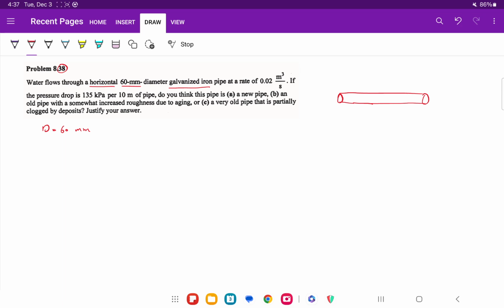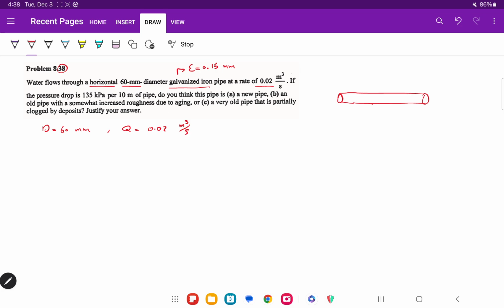From that table for galvanized iron, you will see that the roughness epsilon equals 0.15 millimeters. We know the flow rate, so the flow rate is 0.02 cubic meters per second.